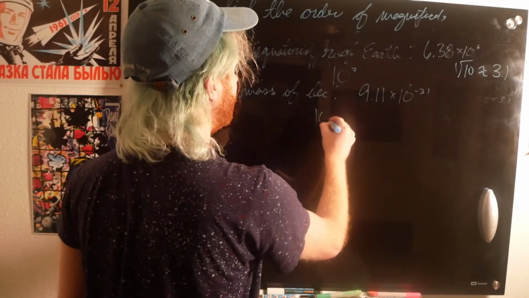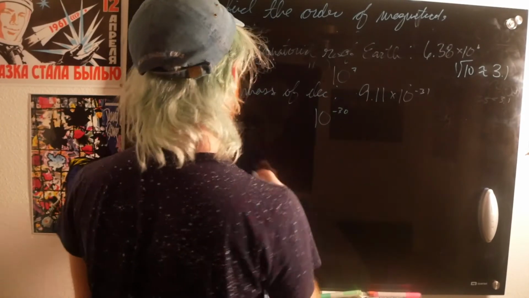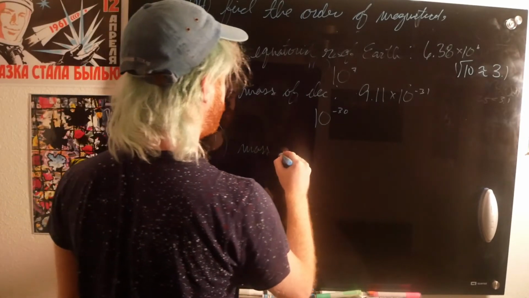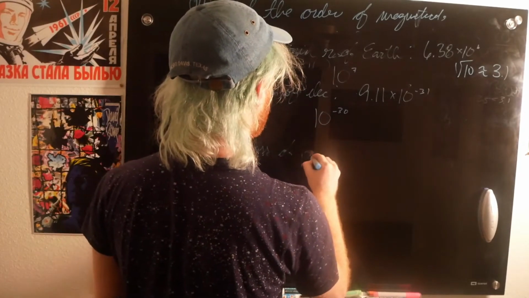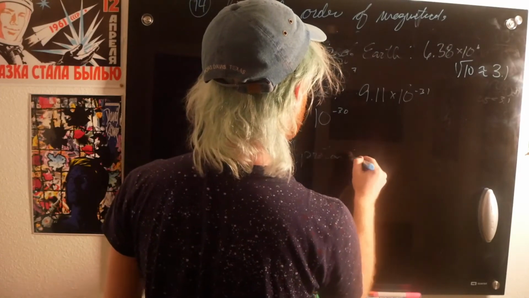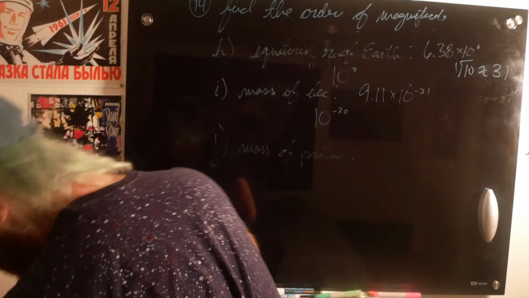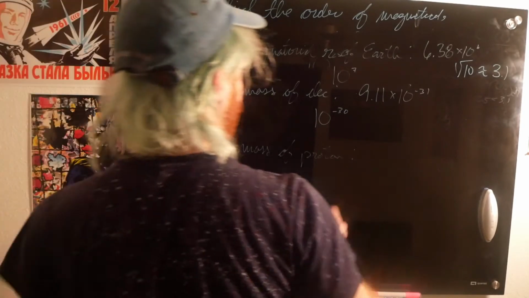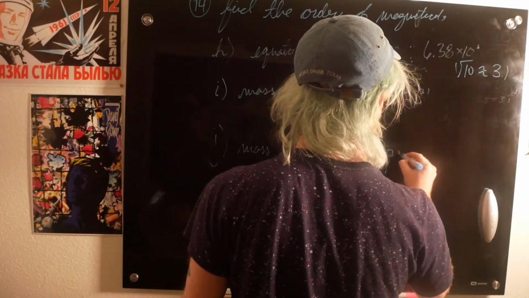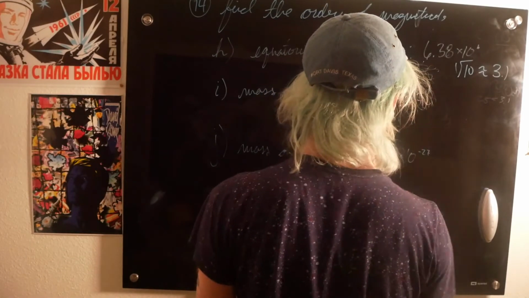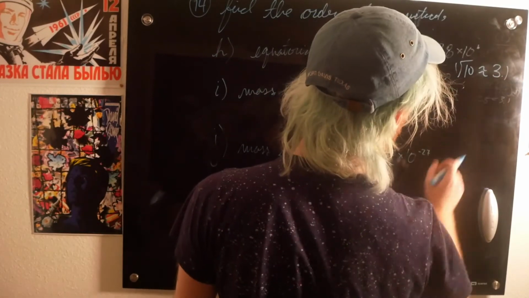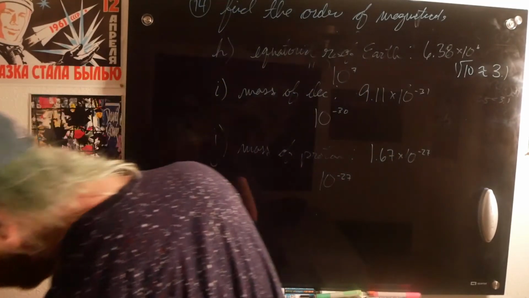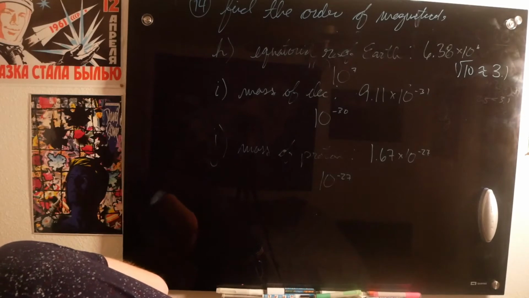So it's going to be 10 to the negative 30. J is going to be the mass of a proton. And that number is 1.67 times 10 to the negative 27. And this is less than 3.1, so we don't have to worry about it. So 10 to the negative 27 is going to be a good estimation for that.